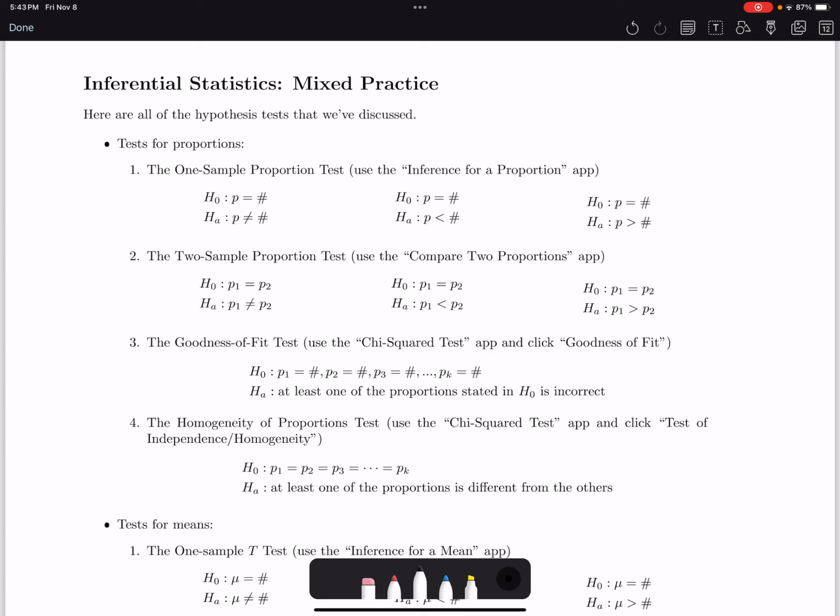Hopefully, over the course of the last several weeks, as we've been talking about inferential statistics, you've increased your capacity to perform mathematical inference and to think through questions about inference.